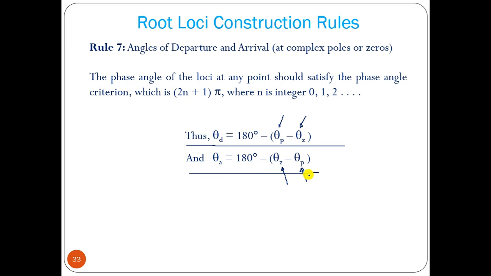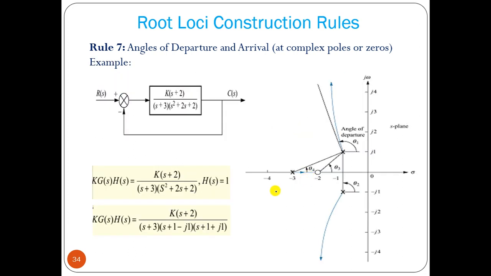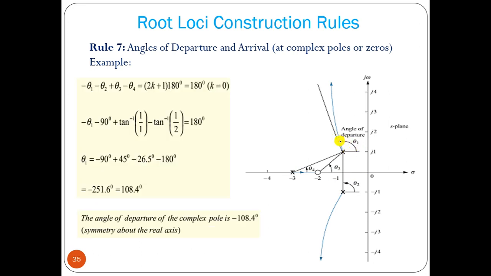Say for example, we have a complex pole here, with value minus 1 plus or minus j1. So we have to find this angle of departure, how this pole departs. Here this pole merges with this zero. We have three poles and one zero, right? So p minus z equals 2.